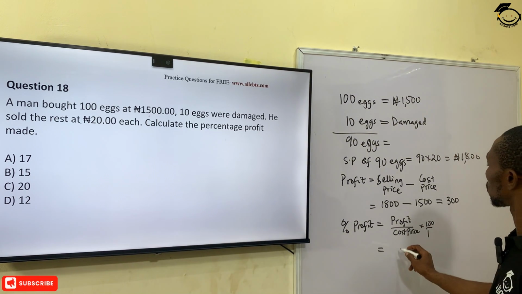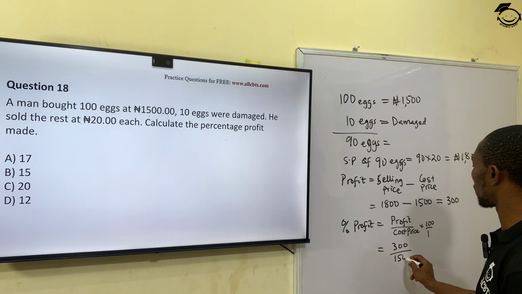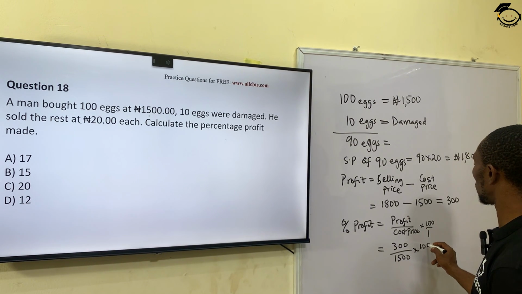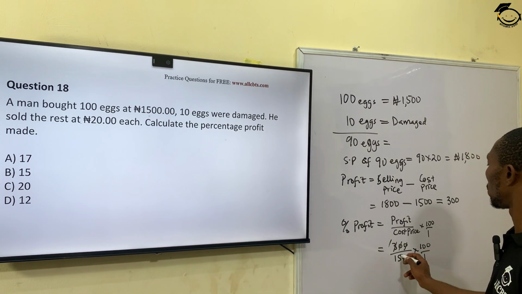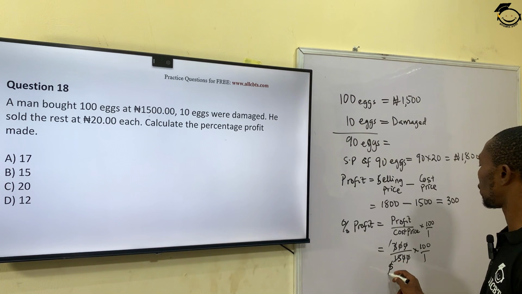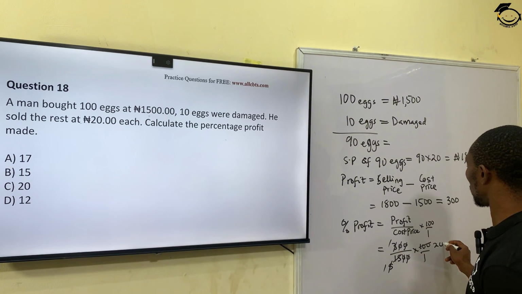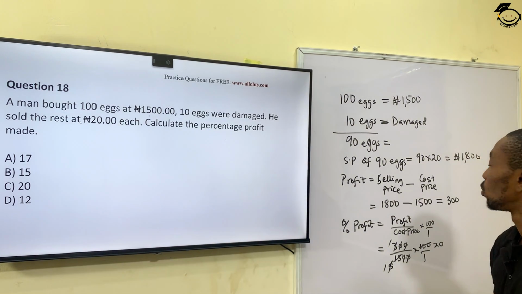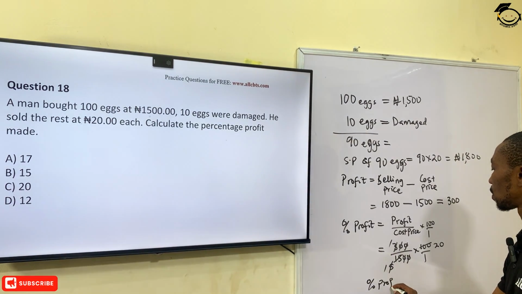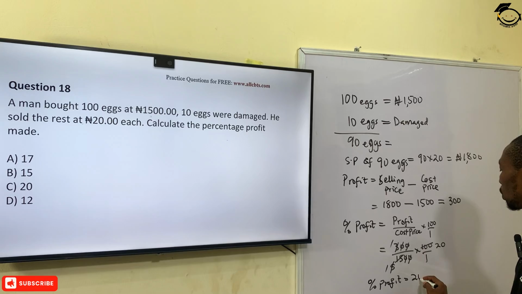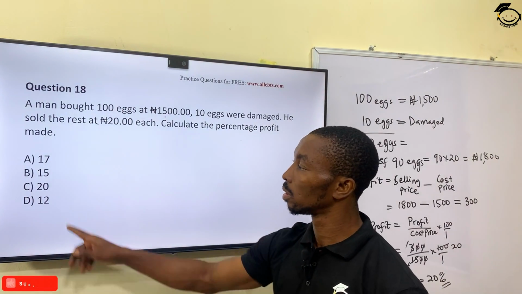Our profit is 300, our cost price is 1,500, times 100 over 1. 3 into 3 is 1, 3 into 15 is 5, 5 into 5 is 1, 5 into 100 is 20. So he made 20%. His percentage profit would be 20%, which is option C.